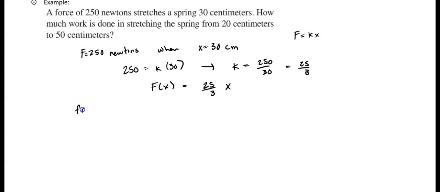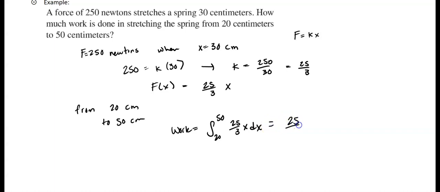And then we want to go from 20 centimeters to 50 centimeters. So you're starting at 20 centimeters and you're going to compress it the rest of the way to the 50 centimeters. So the amount of work done here is going to be the integral from 20 to 50 of 25/3 x dx. And this, of course, gives me 25 over 3 times x squared over 2 from 20 to 50, which is 25 over 6 x squared from 20 to 50.